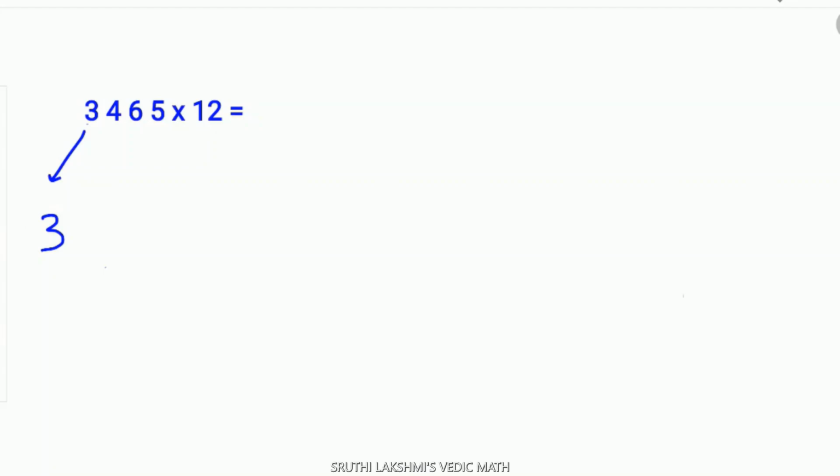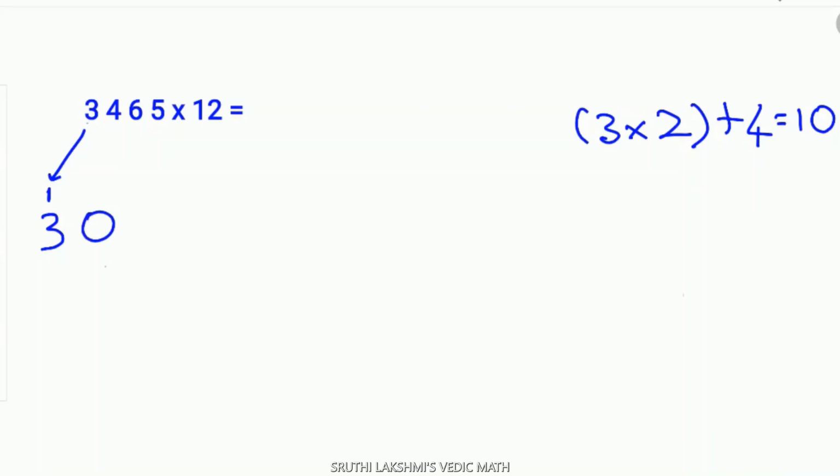We multiply it with 2 because 12 has a 2, so we take that 2 from 12. So 3 times 2 plus the next digit 4. 3 times 2 is 6, and 6 plus 4 is 10. So carry the 1 and write down the 0.